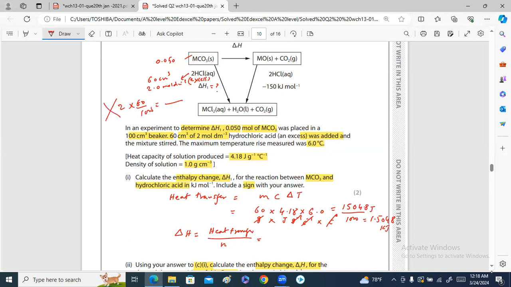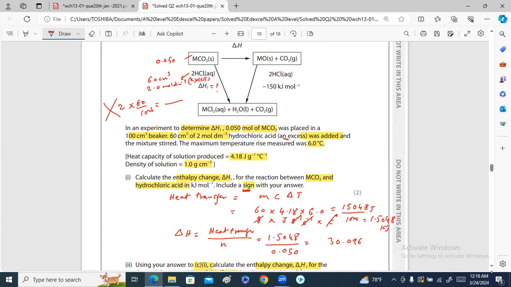Why? Because in the question, the hydrochloric acid is in excess, and whenever you have a reagent in excess, the second reagent must be the limiting reagent. So always use the moles of the limiting reagent, because that will give us the accurate value. So 1.5048 divided by the moles of the limiting reagent, and metal carbonate is the limiting reagent, so 0.050. So we will get 30.096.